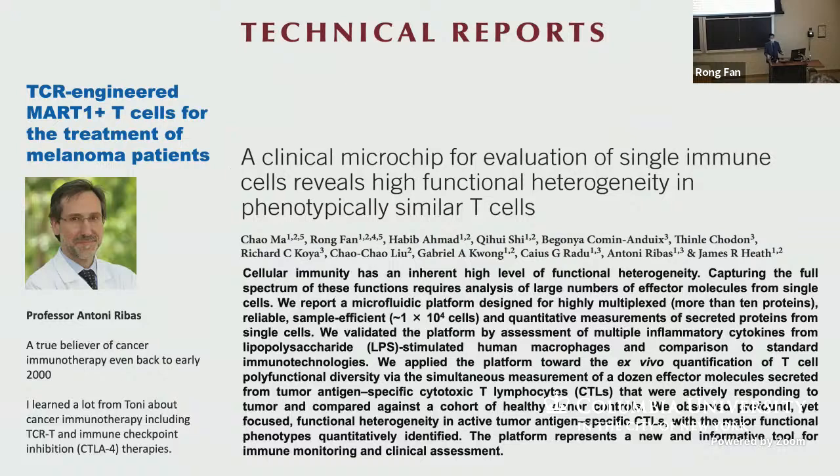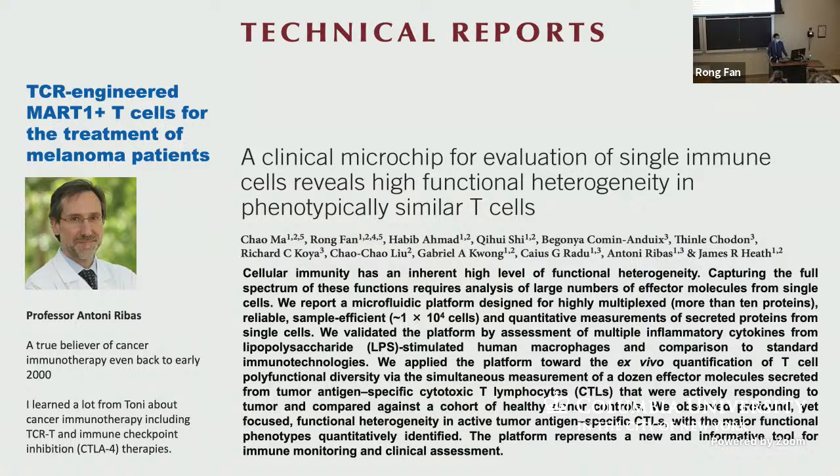He started the very first Keytruda trial. And I met with Tony, and we started to use this technology to look at TCR engineered T cells to treat human melanoma. The paper we published in 2011 demonstrated that indeed, you can see polyfunctional T cells as predicted, and those polyfunctional T cells give you much better clinical outcome in patients.